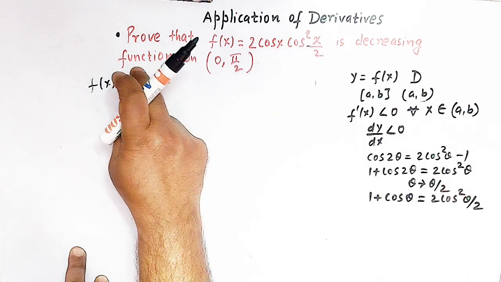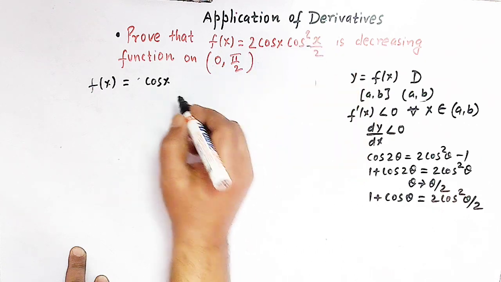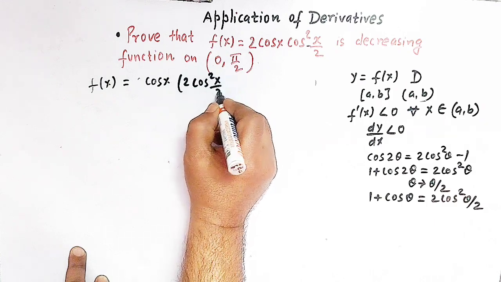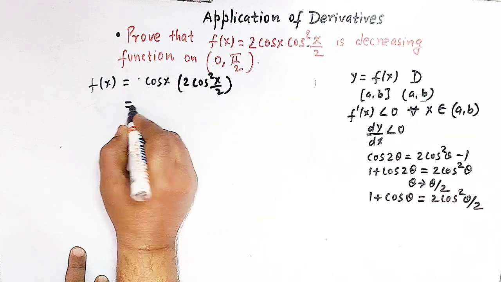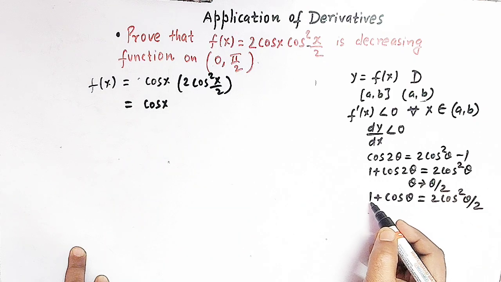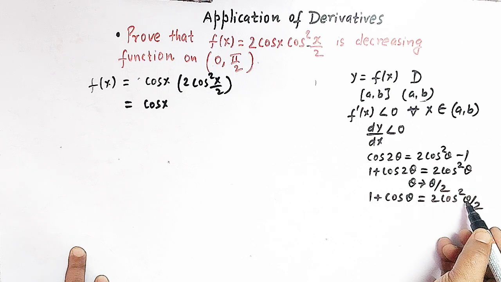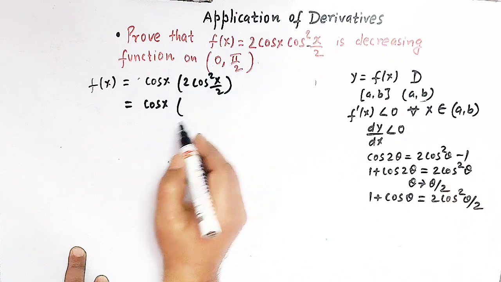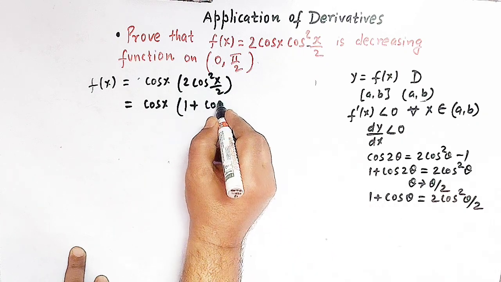So let us combine 2 and cos square x over 2. So here we have 2 cos square x over 2 and here we have cos of x. So now using this identity, that is 1 plus cos theta is equal to 2 times cos square theta over 2, we can now replace 2 cos square x over 2 by 1 plus cos x, right?